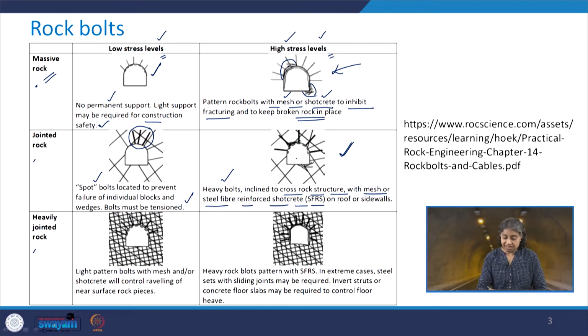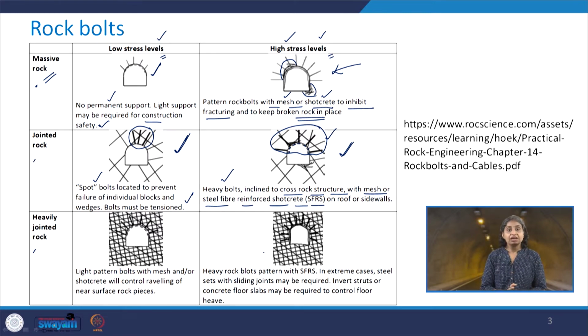You can see that the dotted lines represent the mesh or lining of SFRS on the roof in this case, but if needed one needs to go for the side walls as well. And you can see that the heavy rock bolting has been done in an area much larger than the one where the jointed rocks were subjected to low stress levels.